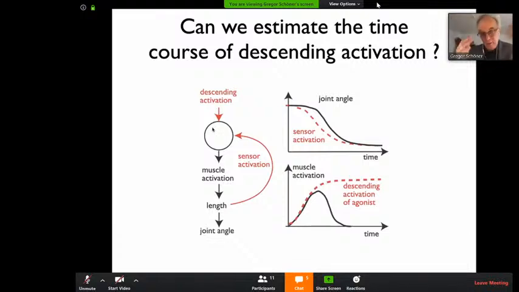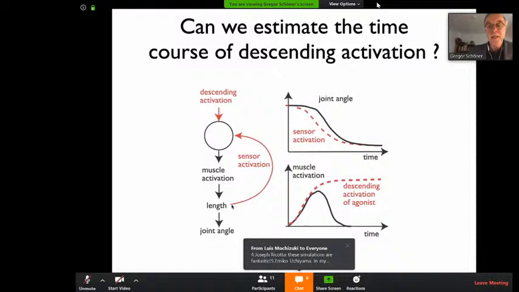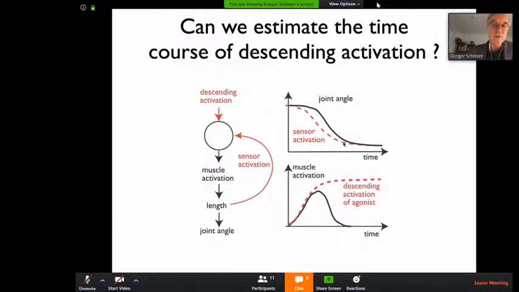So the descending signal must activate that muscle. And initially, muscle activation will rise as the descending signal rises. But as we know, over the course of the movement, muscle activation will then actually fall off, and you will have a new equilibrium posture at the end of the movement. And that comes about because the length will actually signal this changed length of the agonist muscle, and so you have now less of a signal here.